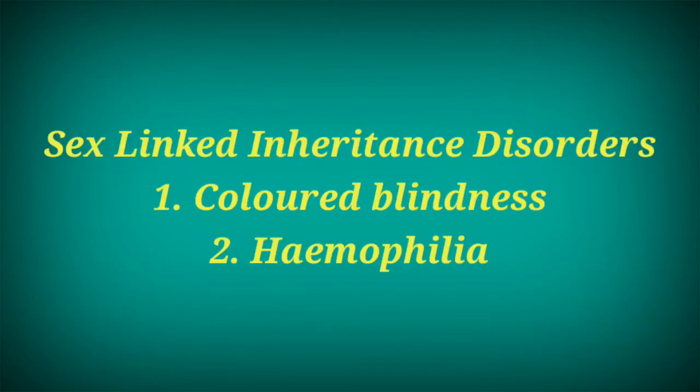So earlier we discussed the sex-linked inheritance disorders, color blindness and hemophilia, which were sex-linked because they were related to the sex chromosome, where a mutation had taken place in the gene, and because of that mutation the nature of the gene changed, and that is now dependent upon the dominant or recessive genes present in the chromosomes. So in that we discussed color blindness and hemophilia.